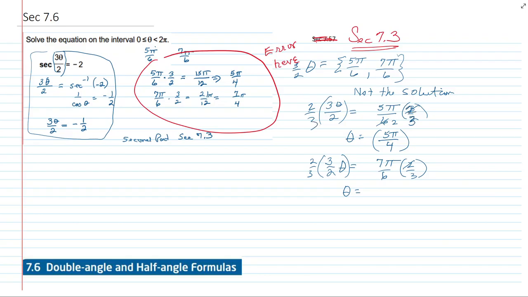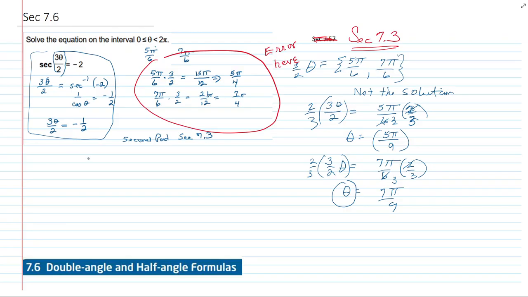It's because I made a mistake and it makes me mad. When I do that, I am going to have 7 pi ninths. Okay, so I'm solving for the theta I need.